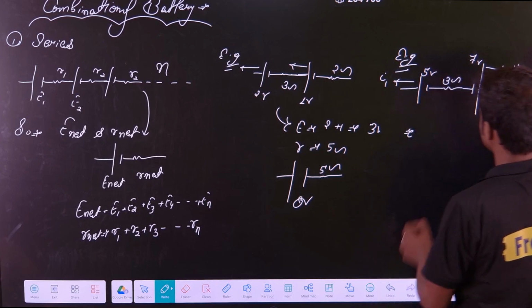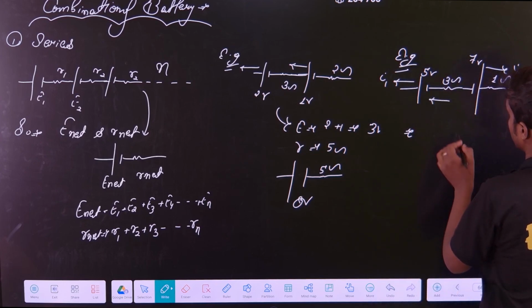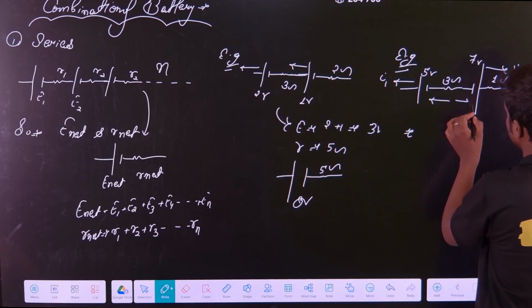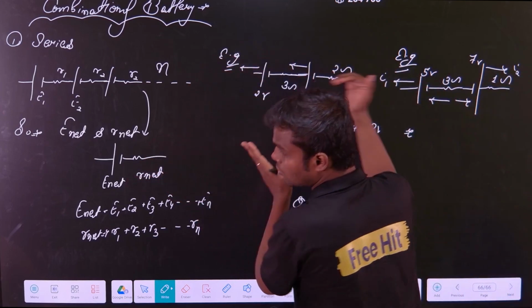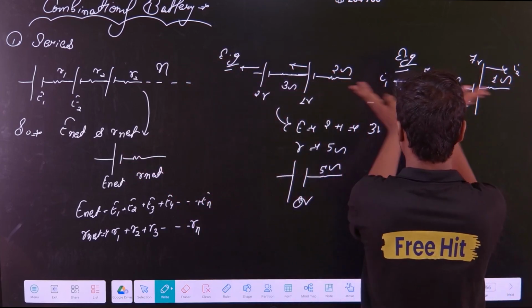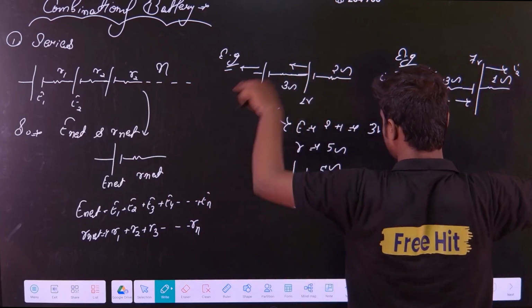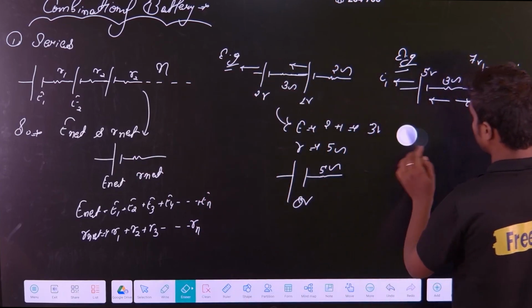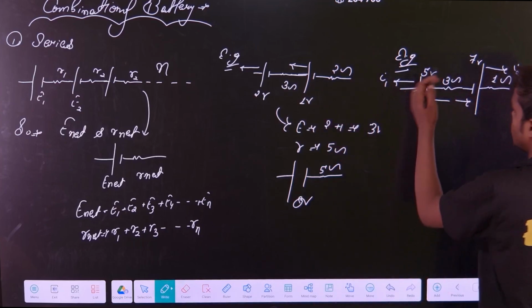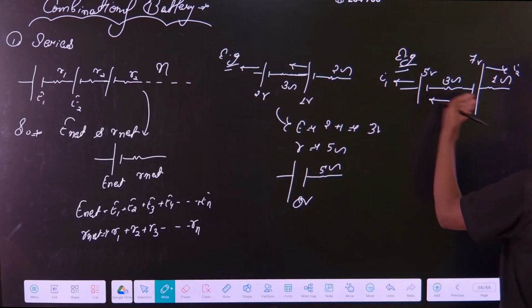So basically in this battery the current is entering, and in this battery the current is entering in this manner. In this manner they are supporting each other, but here they are opposing each other, because they are in opposite directions.